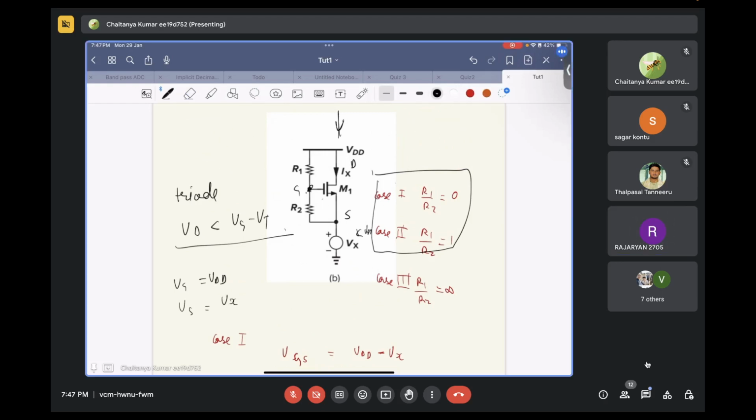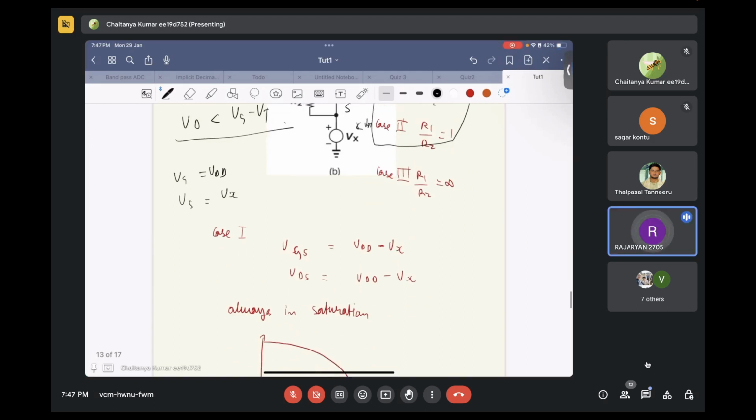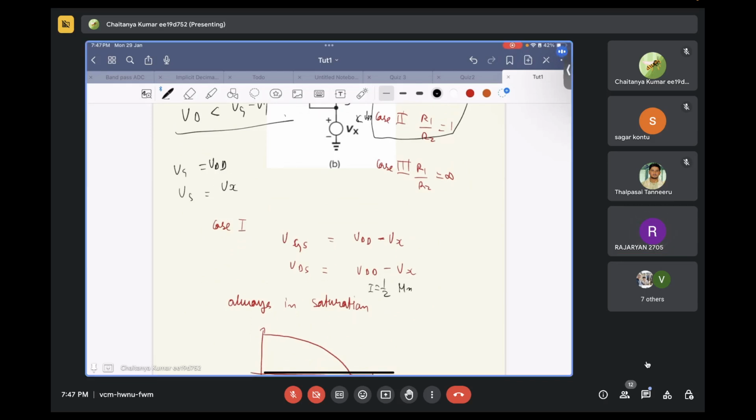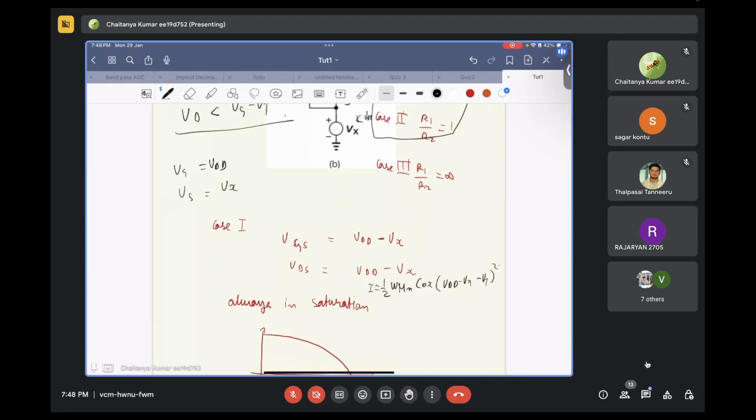Current equation: half mu n Cox W by L times VDD minus Vx minus Vt, whole square.